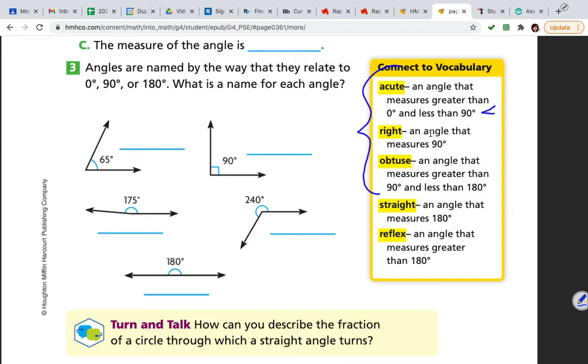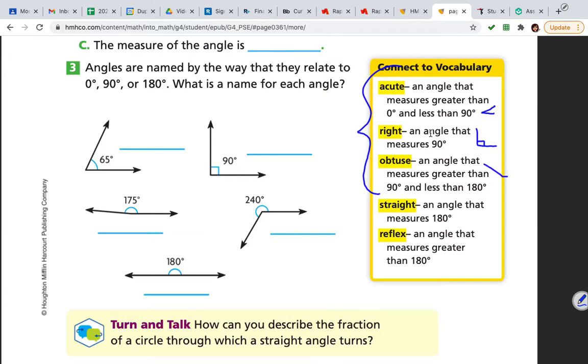When we think of acute, it's small and cute. So a right angle is an angle that measures 90 degrees. So think of the corners of your paper. We typically see that little box in there that lets us know it's a 90-degree angle. An obtuse angle, obtuse is big and fat. An obtuse angle is an angle that measures greater than 90 degrees and less than 180.